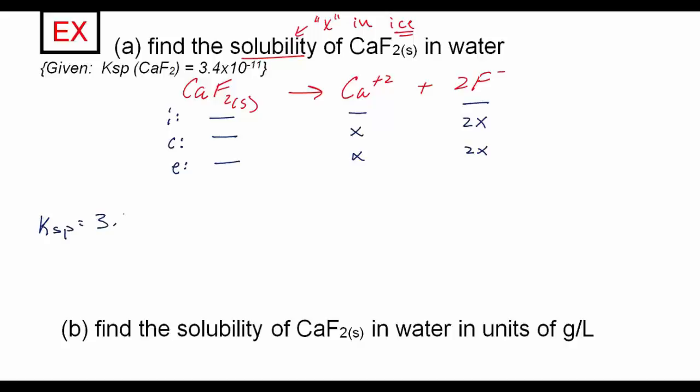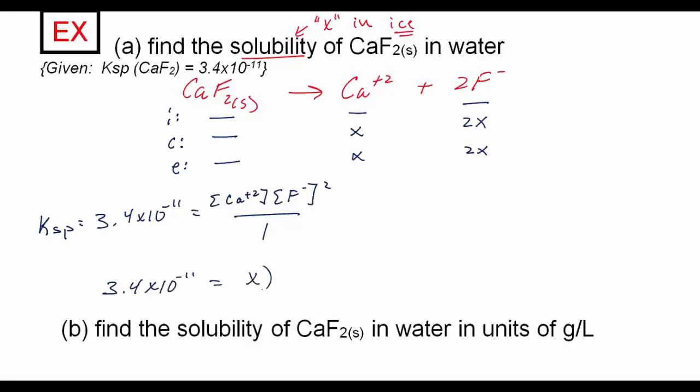So our Ksp is 3.4 times 10 to the negative 11, and that has to equal the concentration of calcium times the concentration of fluoride squared, divided by 1. Well, according to our ICE table, the calcium is just X, the fluoride is 2X, but don't forget to square it.